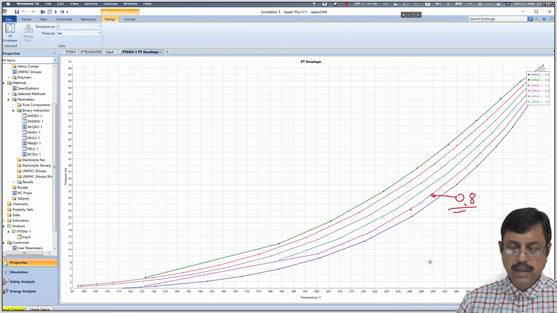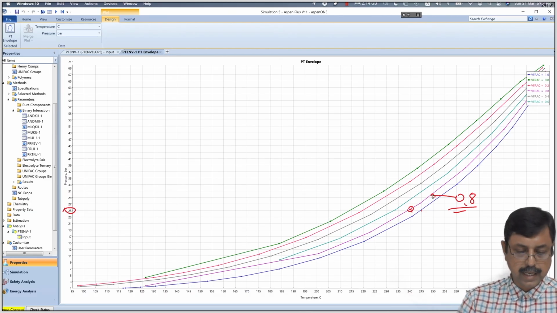So if we change our temperature from 245 degrees centigrade to 240 degrees centigrade, keeping our pressure constant at 25 bar, then we were expected to have a vapor fraction of nearly 80%. Let us check that.